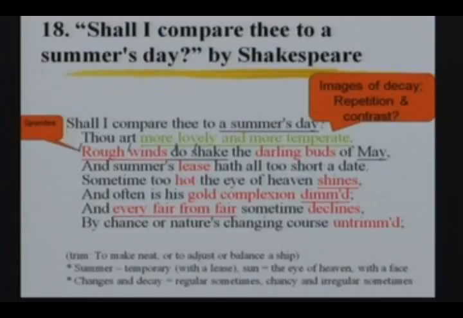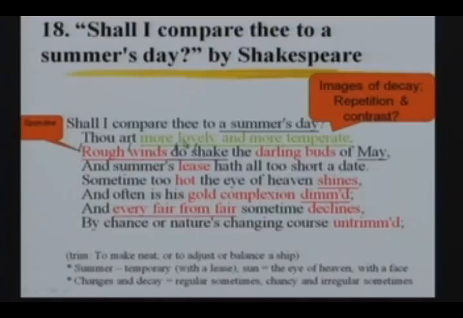Okay, but according to this sonnet here, the lease is very short. Okay, so there is implication with the word lease as well as the predicate here that summer is very short. Summer is not there to stay forever. So this is the first quatrain, making a contrast between thou and summer.